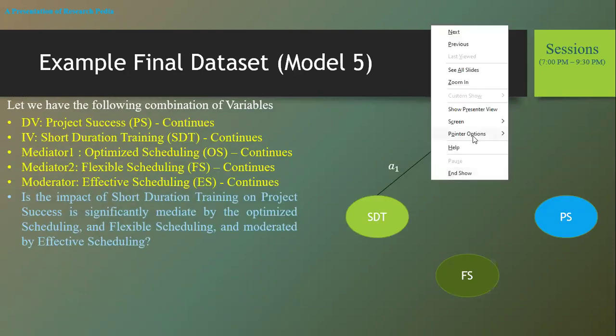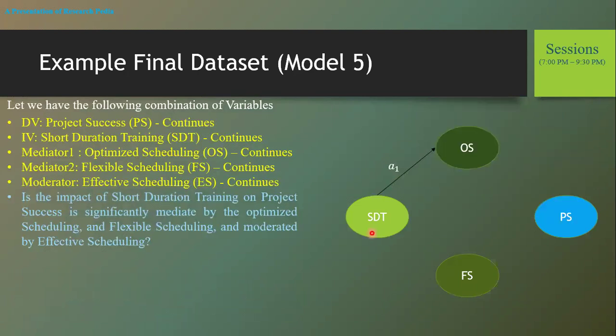We have interpreted the impact of SDT on OS by considering OS as the output variable. What was the value of A1? The value of A1 was 0.85. In the next phase, we will calculate the impact of SDT on FS in the form of A2.